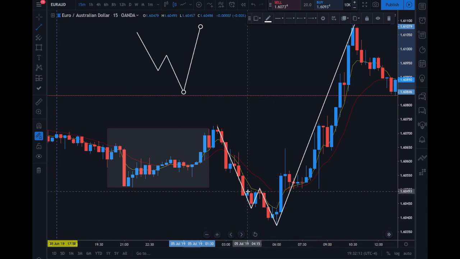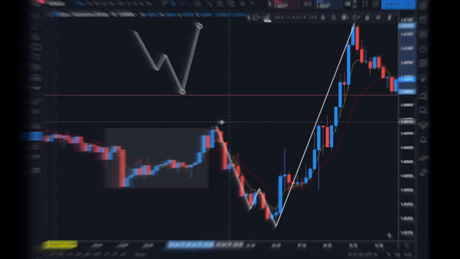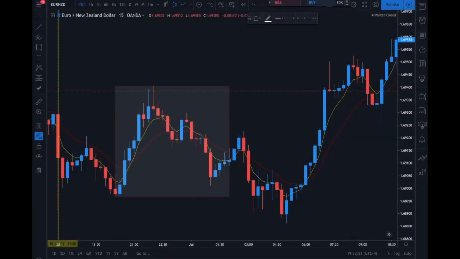Now, when they come back down and retest, they will go back down as far as they need to convince you to go short. But as soon as they have what they need, they're out and they're not coming back. So they come down, go back up, come back down to retest, and then they're done.